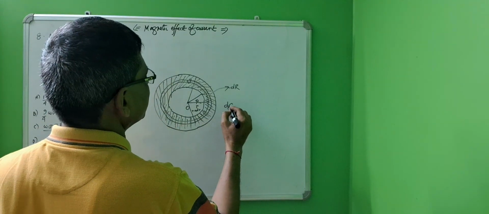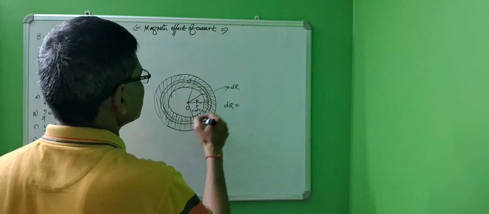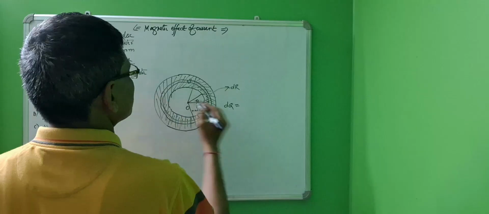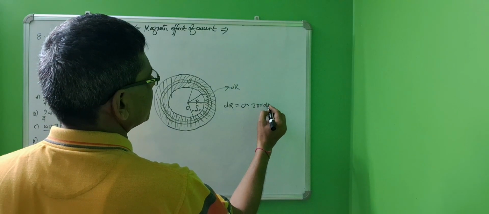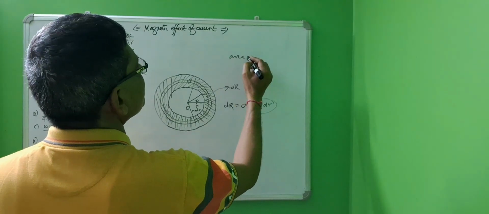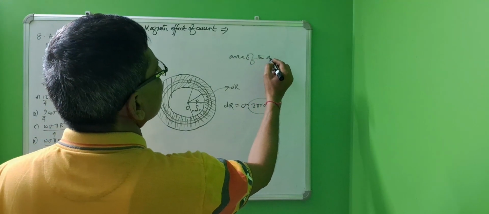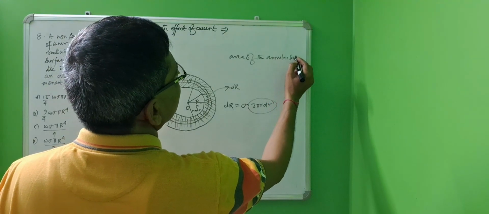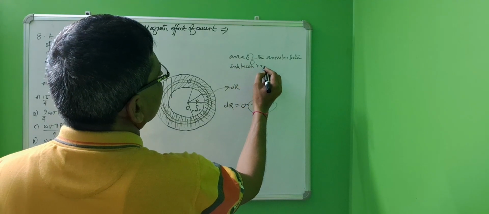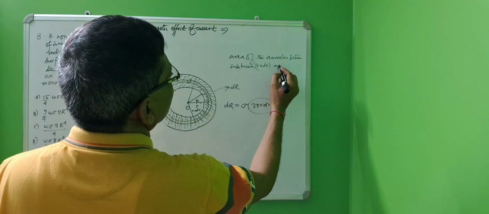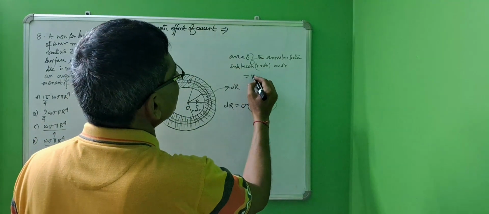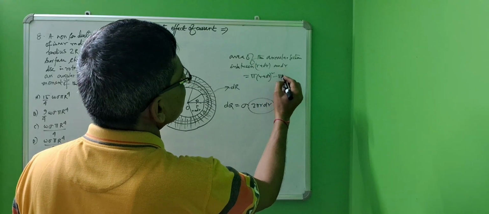So the charge present, dq, equals the surface charge density sigma into twice pi r dr, because twice pi r dr is the area of the annular section in between r plus dr and r, which is equal to pi (r plus dr) whole squared minus pi r squared.